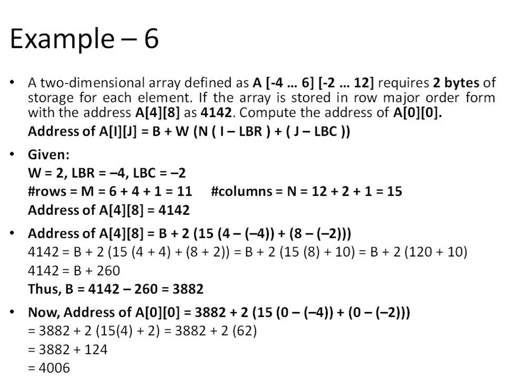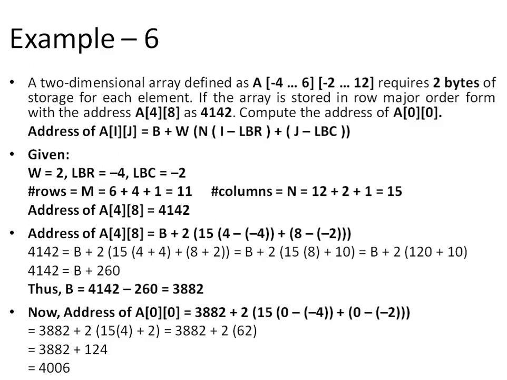One can solve it in any way, but here we will first determine the base address and then we will compute the address of A0, 0 using A4, 8 as 4142 and the given values. The base address is computed as 3882. Now B equals 3882 and we have values of all other parameters.